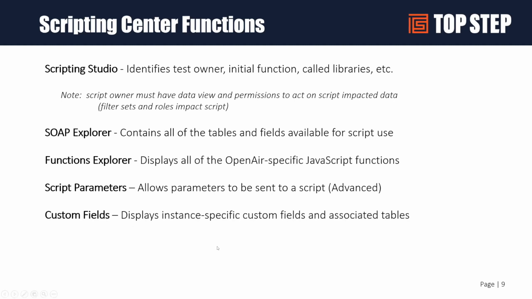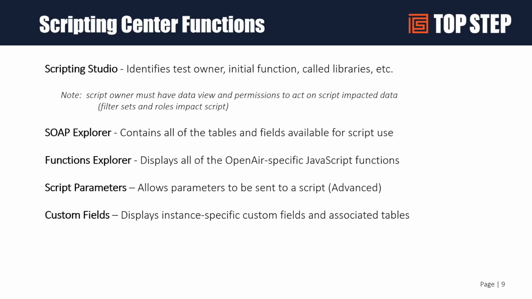Another item here is the custom fields, and this displays the instance-specific custom fields and associated tables. So again, another list, so you can view the custom fields here without having to go outside of this and to the custom fields section. So right again here, this allows you to develop your scripts within the scripting center and not have to constantly leave and go back.